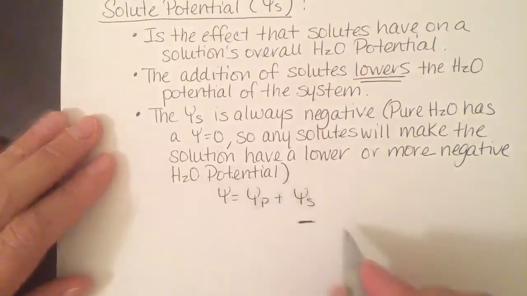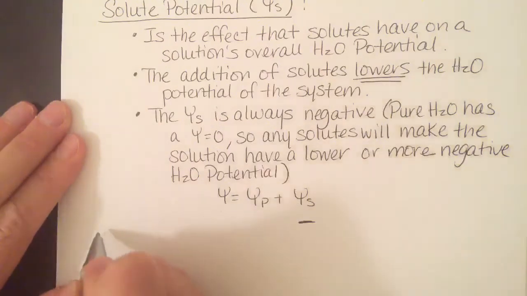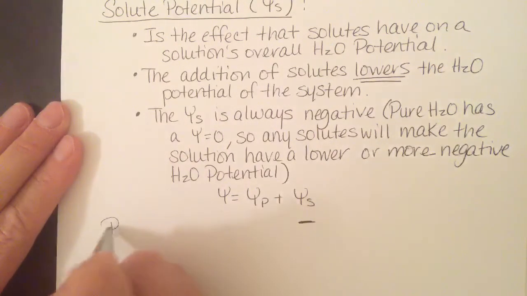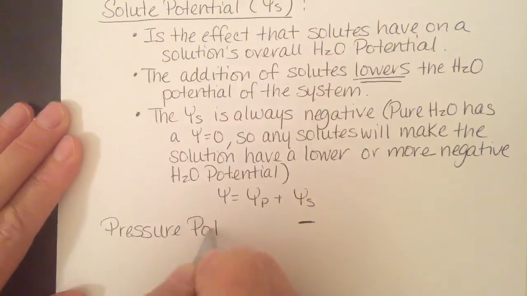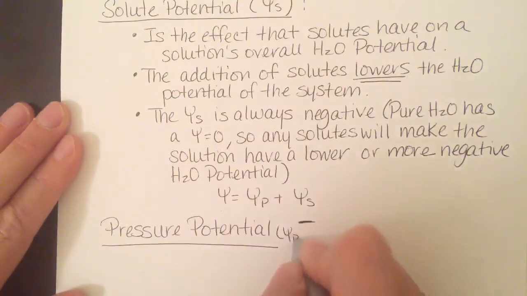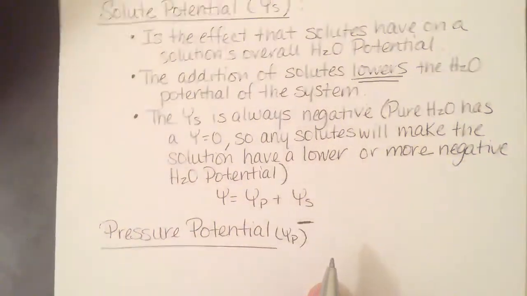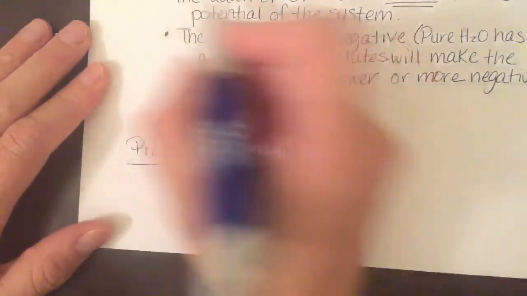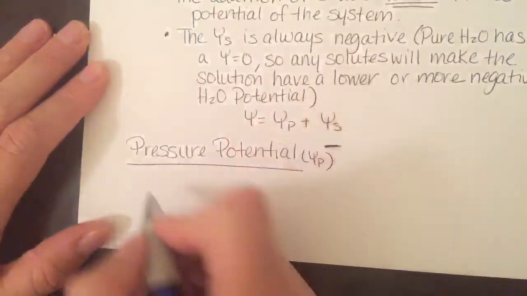All right, the second thing that plays a role in which direction water is going to move is the pressure potential. I should have written that down a little bit there. Okay. So let's do the same kind of thing and write some bullets underneath here.